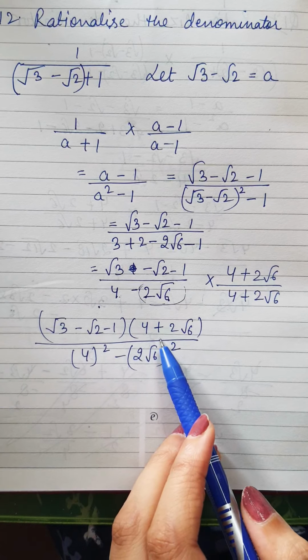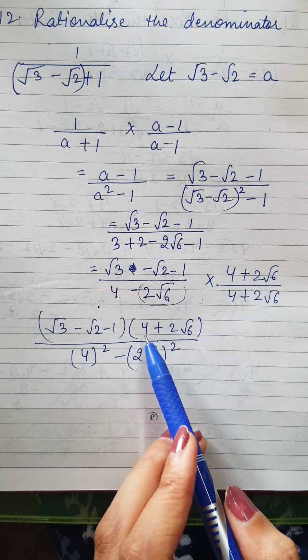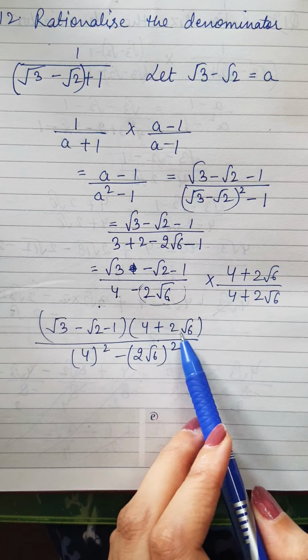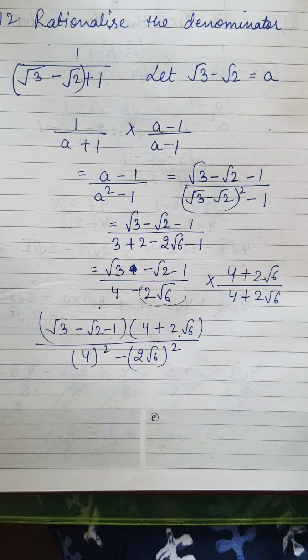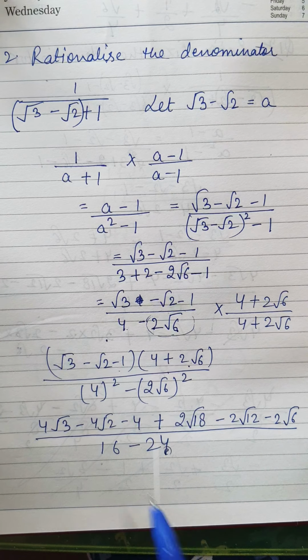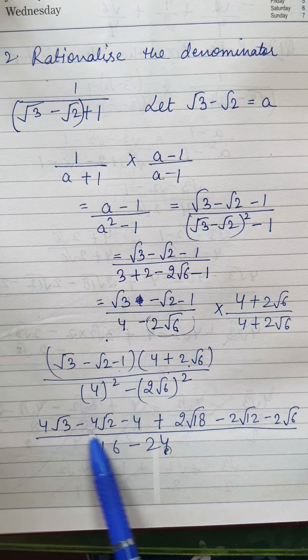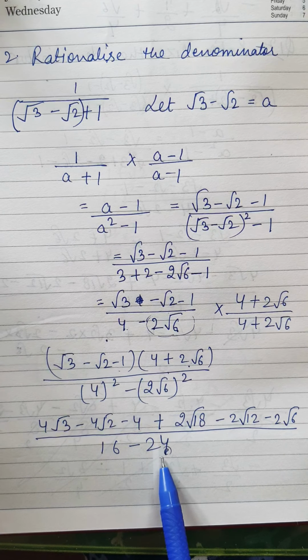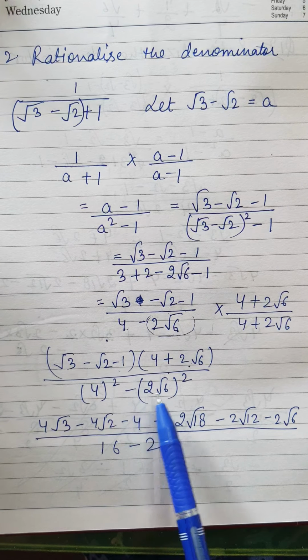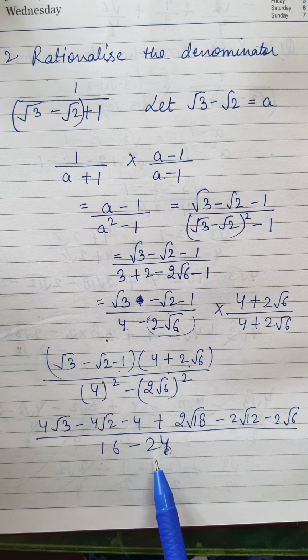Now you need to multiply the trinomial with the binomial, that is root 3 with both the terms, then minus root 2 with both, then minus 1 with both. So if you have multiplied, simply you will get this, and 4 square and square of 2 root 6. 2 into 2 is 4, 4 into 6 is 24.